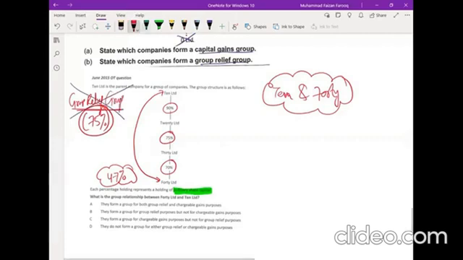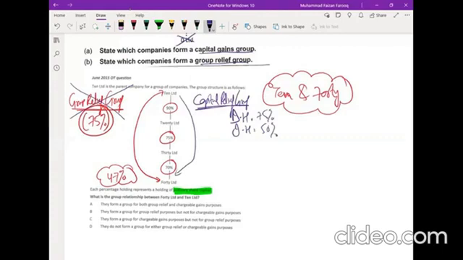Now I will check with another color, the capital gains group. For a capital gains group, direct holding is 75 and indirect holding percentage is 50. Here you just told me we have 47. So here also no capital gains group exists.